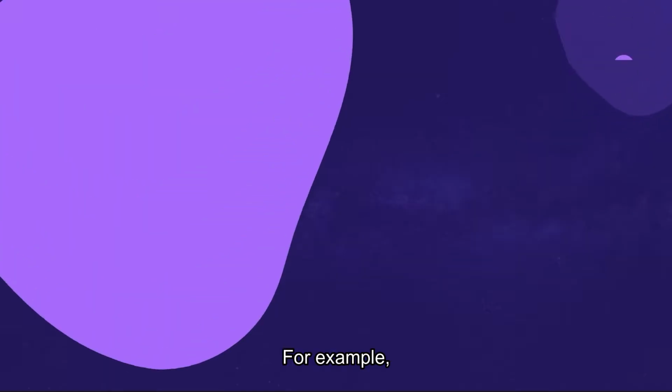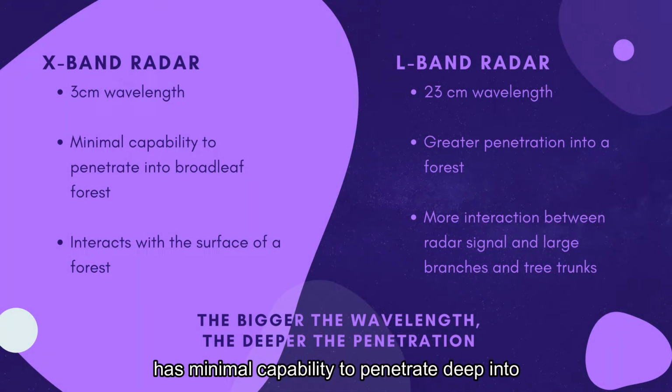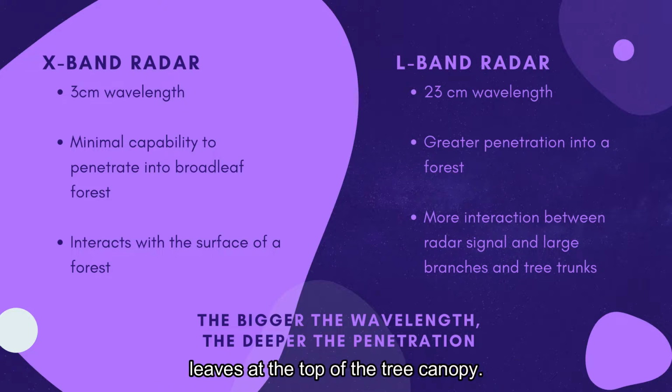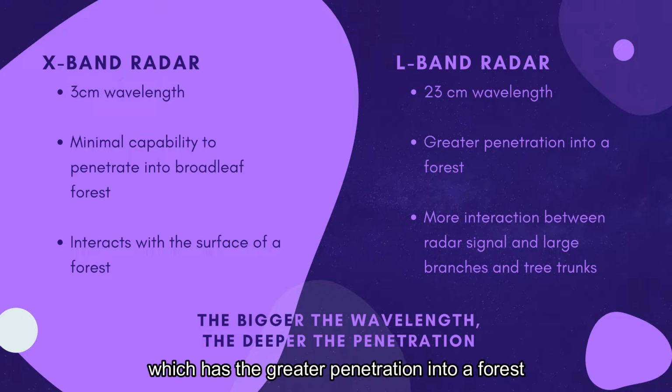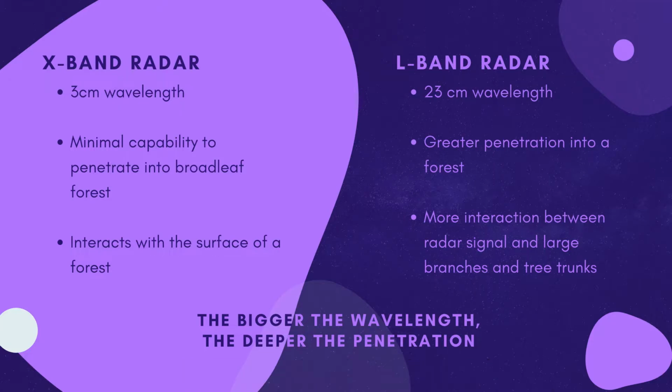For example, an X-band radar has a 3 cm wavelength and has minimal capability to penetrate deep into broadleaf forests, and thus it mostly interacts with leaves at the top of the tree canopy. An L-band signal has a 23 cm wavelength, which has greater penetration into a forest and allows for more interaction between the radar signal and large branches and tree trunks.